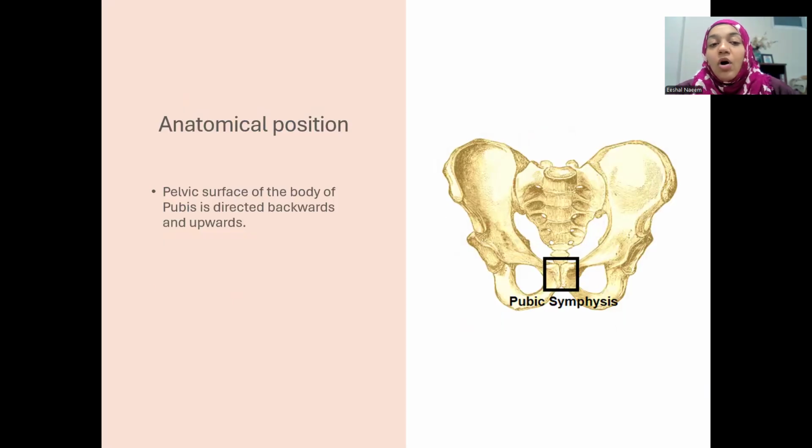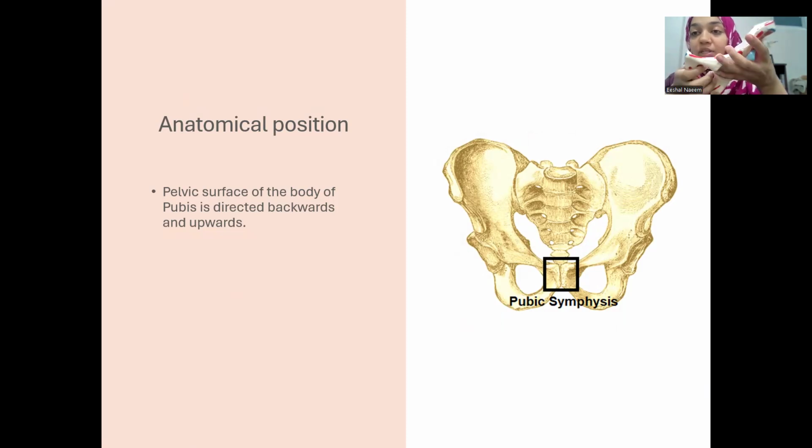Moving on, here you can see that the two symphysial surfaces come together to make the pubic symphysis joint. The two hip bones, this bone and an identical bone here, would come together to form a pubic symphysis joint, which is directed backwards and upwards. Now, how is it directed backwards and upwards?